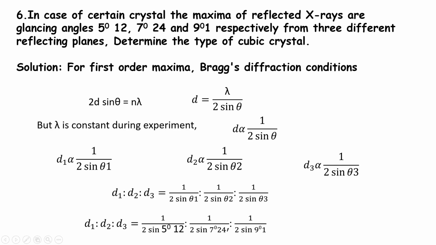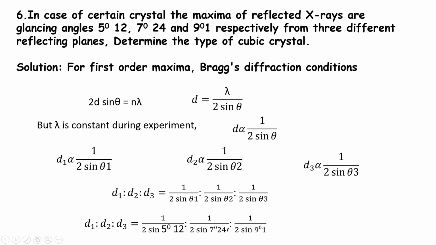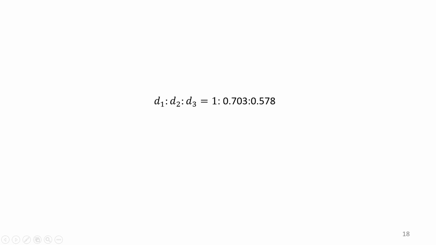Therefore, by finding the values of sine 5 degree 12 minutes, sine 7 degree 24 minutes and sine 9 degree 1 minute, we get this equation.